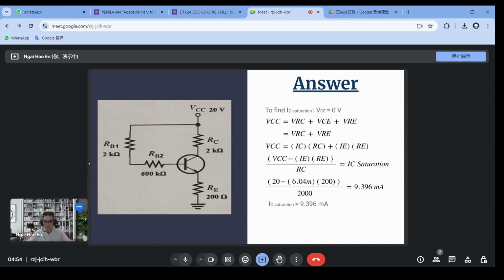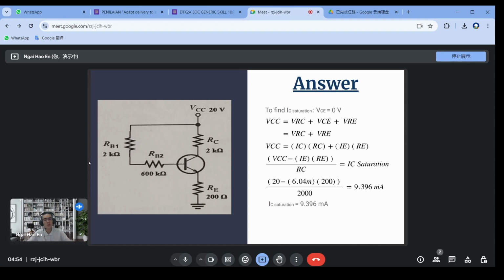Next, to find the IC saturation, we need to consider that VCE is equal to 0 volt. We use the output equation of this circuit, that is VCC equal to VRC plus VCE plus VRE. Since VCE is equal to 0 volt, we just ignore it, and VCC is just equal to VRC plus VRE.